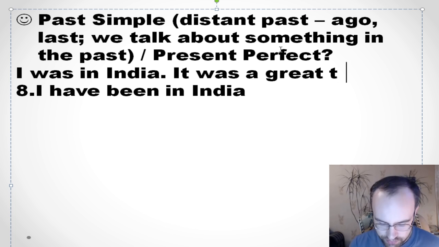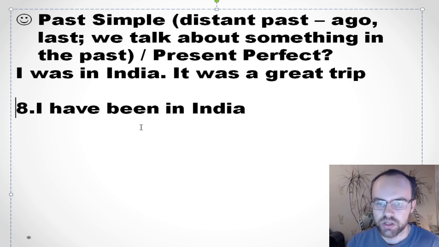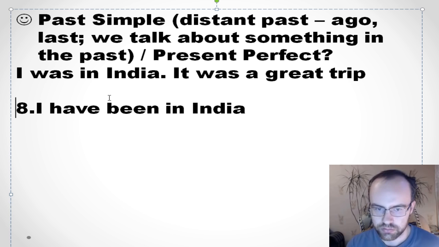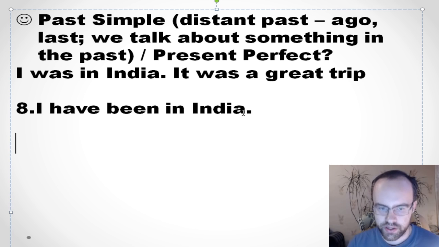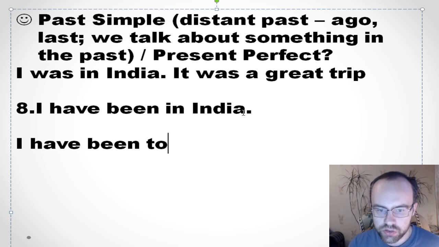So what about I have been in India? What about present perfect? Normally when we talk about different countries or cities, we use present perfect. It's okay, but there is another mistake. Do you see it? We need to say I have been to. Please remember it.